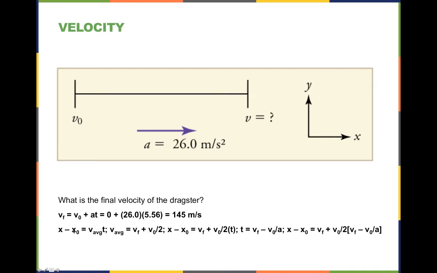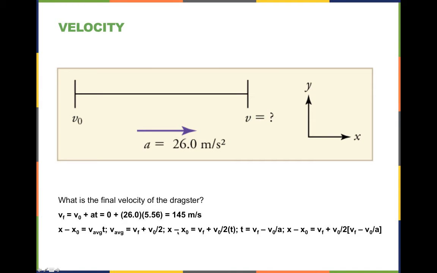So x minus x0 is equal to the average velocity times the time. We've done that before. Now we also know that the average velocity is equal to the final velocity plus the initial velocity, that whole factor divided by 2.